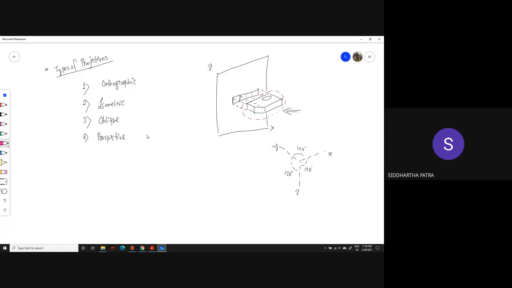Now in each of these methods, orthographic projection, isometric projection, and oblique projection, the way we draw any object is as if we are looking from an infinite distance. What does that mean?